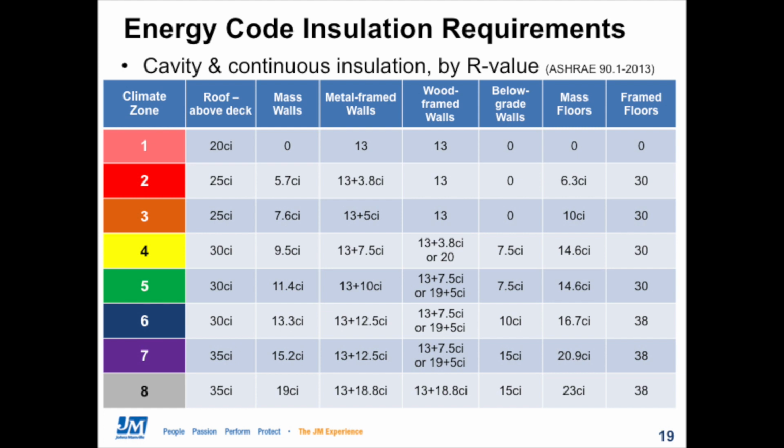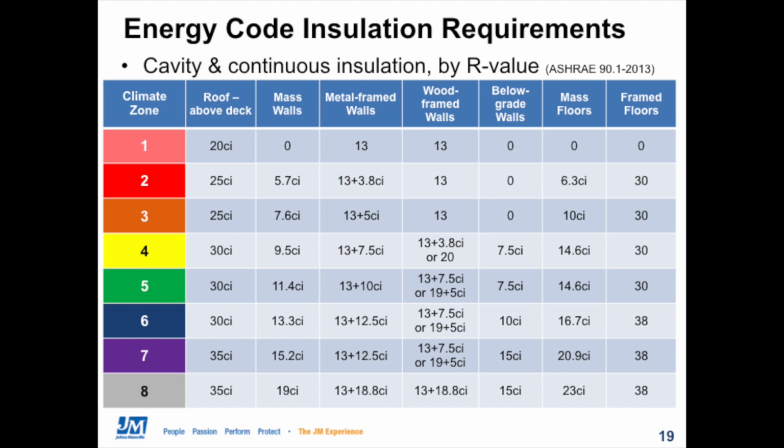The column labeled roof above deck is referring to low slope roofs where the insulation should all be on top of the roof deck. There are other requirements for attics, but we didn't include those given that that tends to be more residential or multifamily applications, and we're focusing on commercial buildings today.